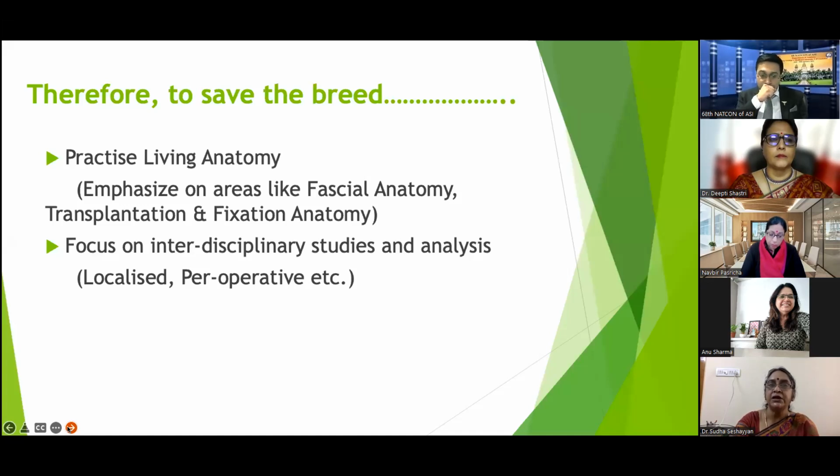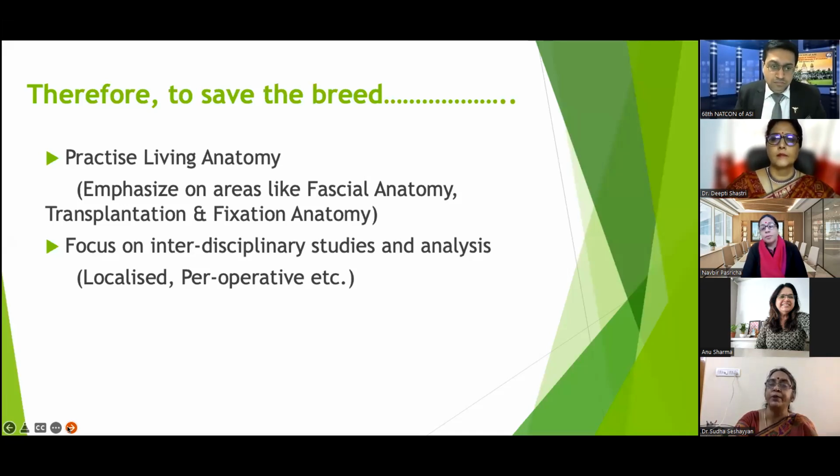He would learn anatomy from me per-operatively, and I would learn what the living structures were. What Anson McVay or any other clinical anatomy book told was nothing comparable to what I saw in the theater per-operatively. So I believe that kind of a system will have to be evolved again.